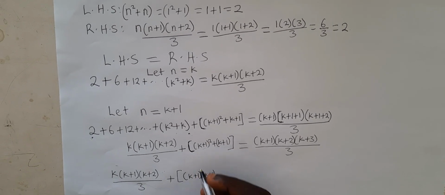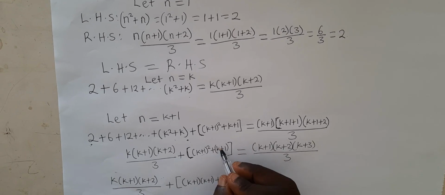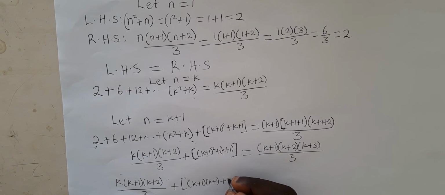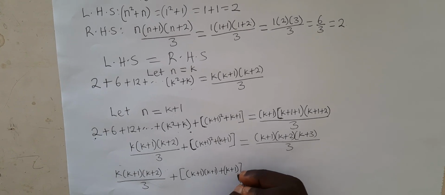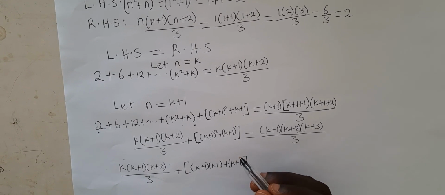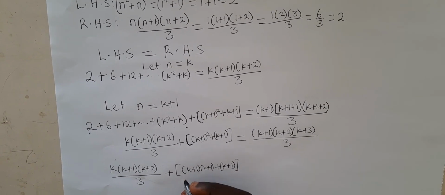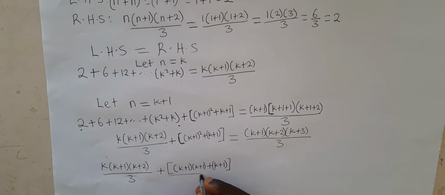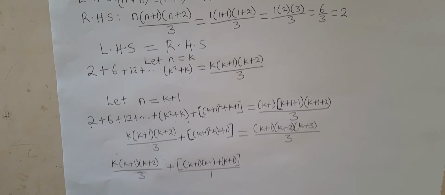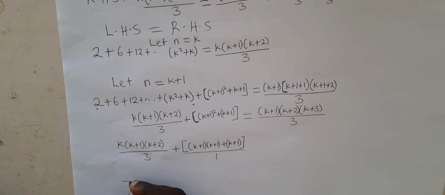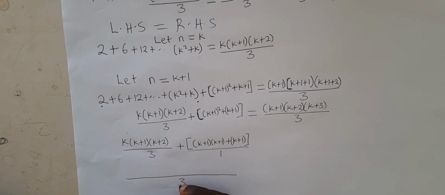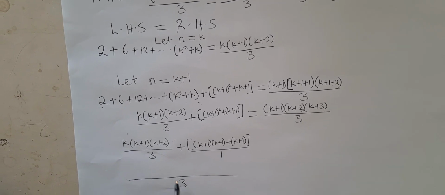So this is the same thing as this, plus this k plus 1 here. I hope you are following. So I can say everything here is all over 1, right? So if I find the LCM of 3 and 1, that gives me what? 3.